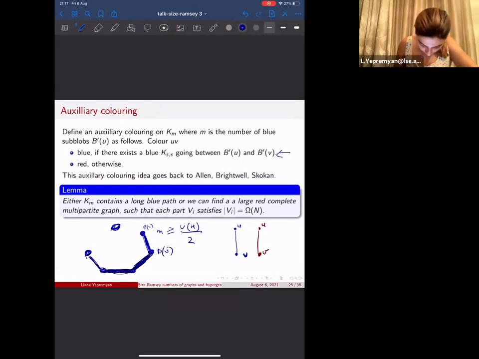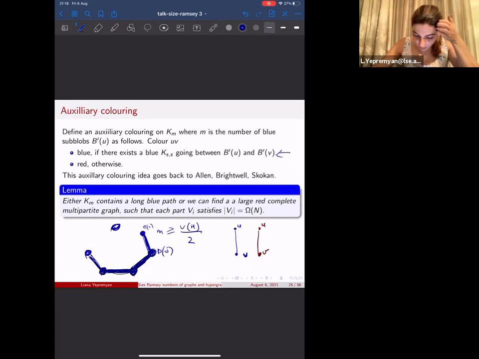Because if there is a large K_{s,s} going between the blobs, they might not go to exactly the places we wanted, but because everything inside these subblobs are blue, we will be able to find our large power of a path.